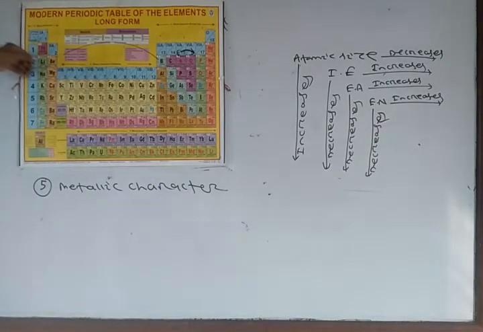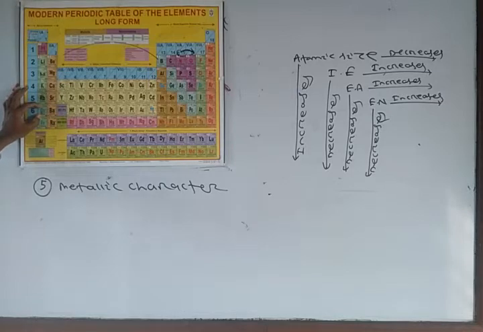If you move here from lithium, sodium, potassium, rubidium, cesium, cesium will be the most metallic, because it has the lowest ionization energy, 375.7.